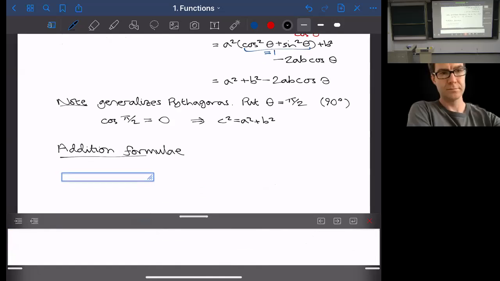So now I want to introduce the formula for the sum of angles.